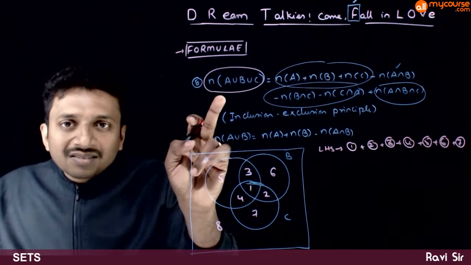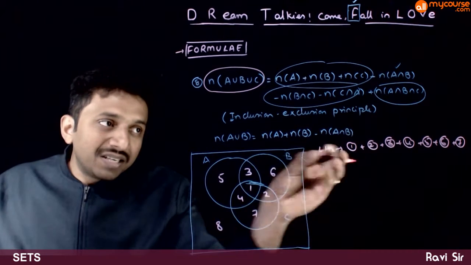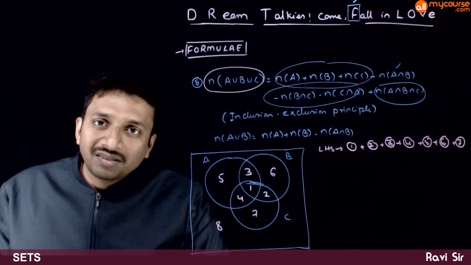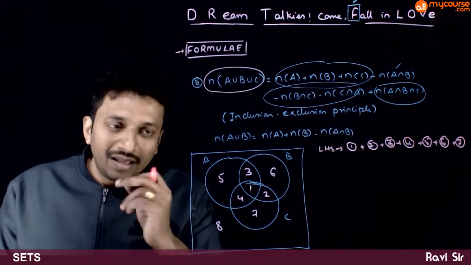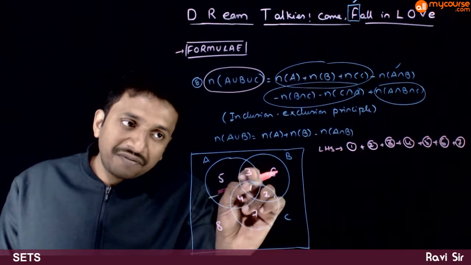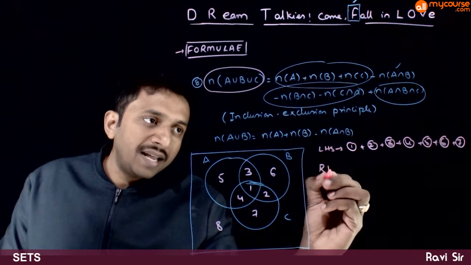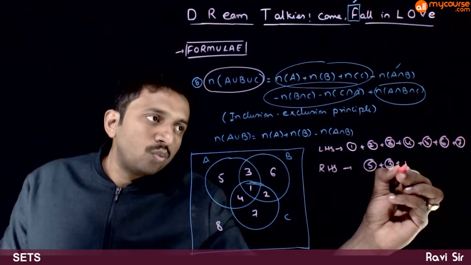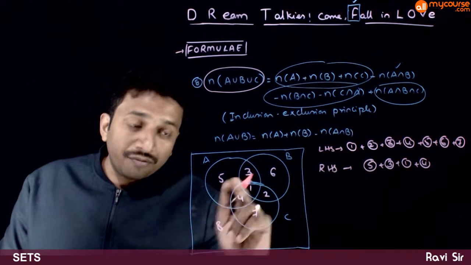Now let us calculate the RHS. What is n of A? n of A is the number of elements present in these four regions 5, 3, 1, 4. So the RHS starts with 5 plus 3 plus 1 plus 4. This is n of A.